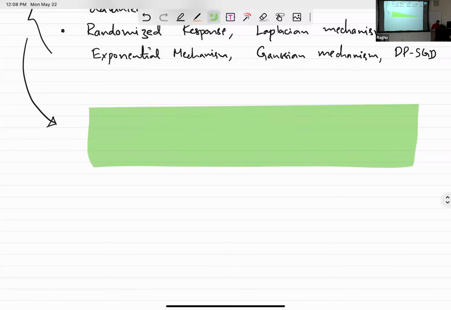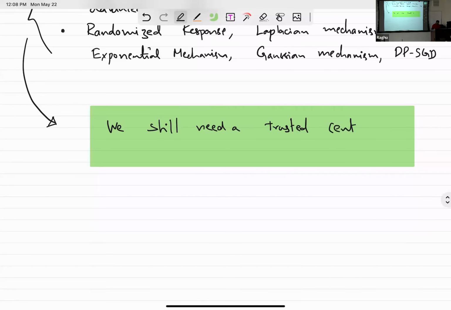So what I'm getting at is differential privacy is a very good model under the assumption that we still need a trusted central party, right? So right at the beginning, in the definition, we said there is a curator who is holding the database, who collects the data from the individuals, and we trust that person to handle it well, okay?